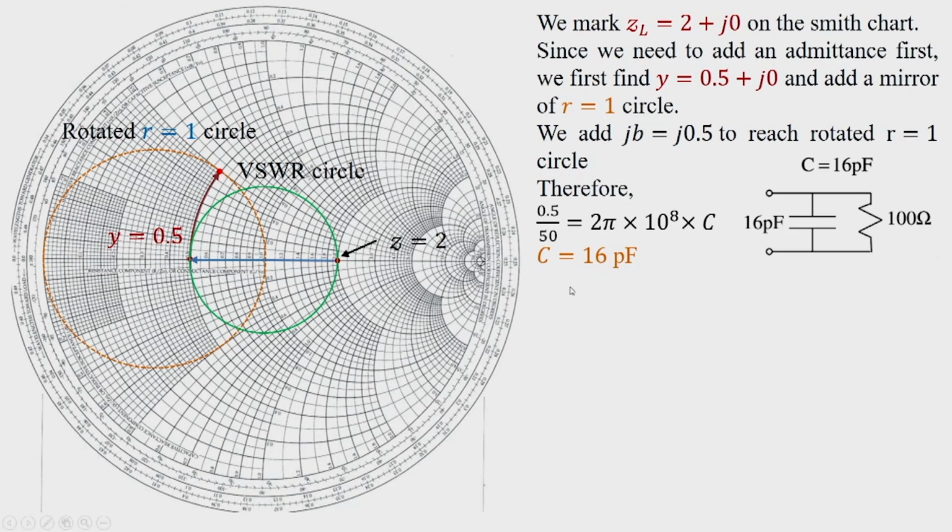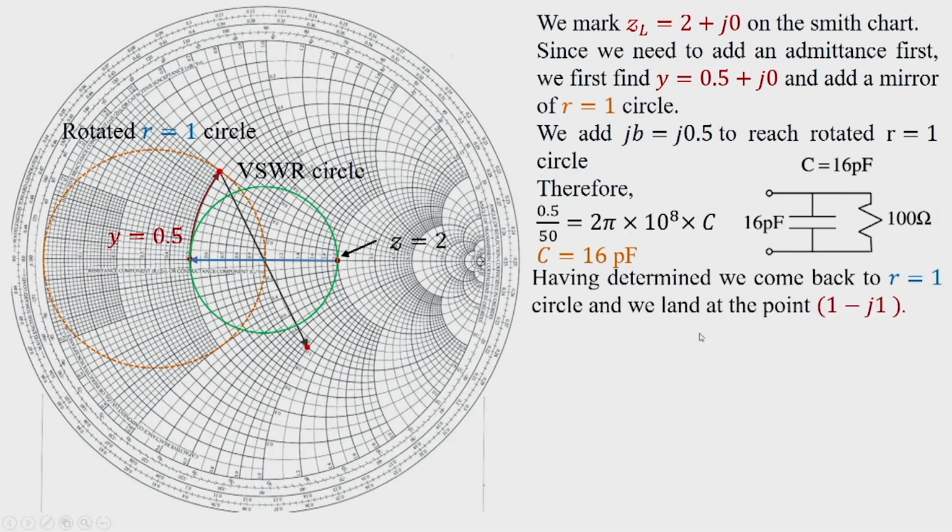Now, we need to add the series element. So, what do we do? We come back to r equal to 1 circle, that means this circle. So, in order to do that, we draw this line through the center of the Smith chart and find the intersection point with r equal to 1 circle.